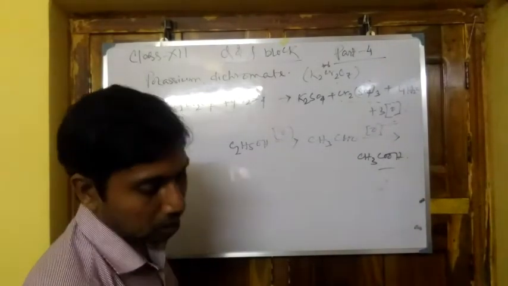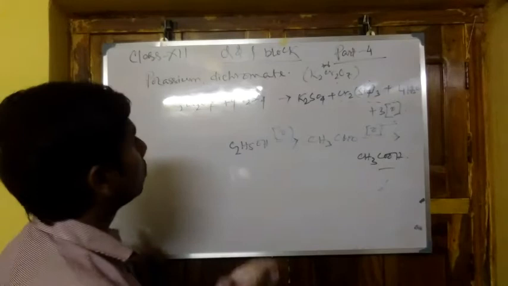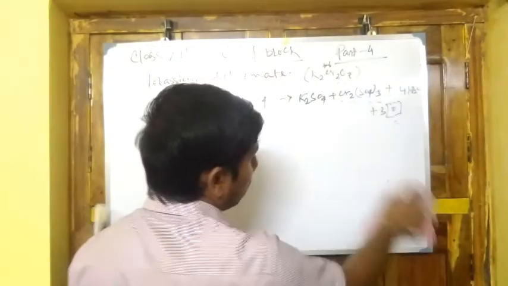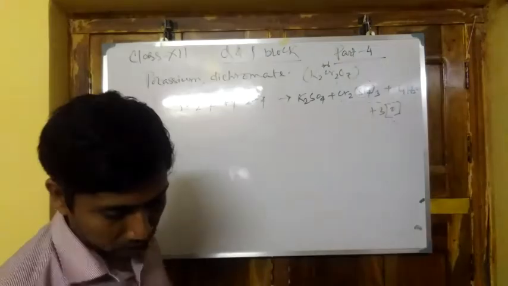Another one, that is reducing behavior, that is H2O2 to H2O. That is H2O2, hydrogen peroxide, to H2O.